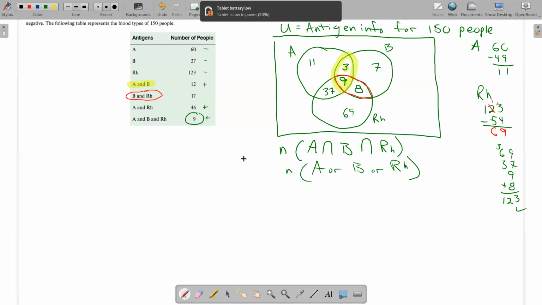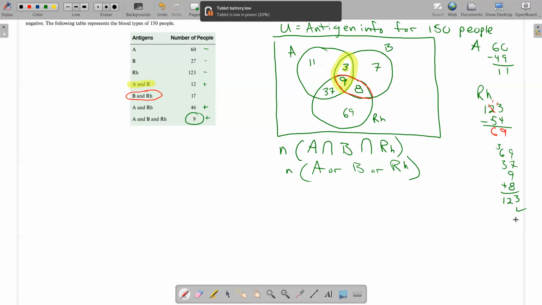That means count them up without overlapping. So I just have to add up all of those numbers. So I'm going to start with the RH crew. I know there's 123 there. Then I just have to add on the 11, the 3, and the 7. So 123 plus 7 is 130, plus 3 is 133, plus 11 is 144.